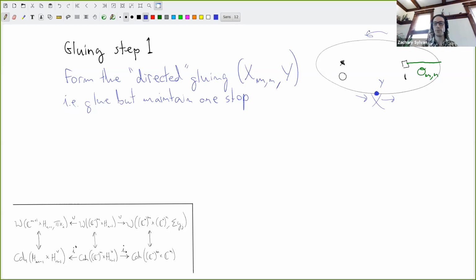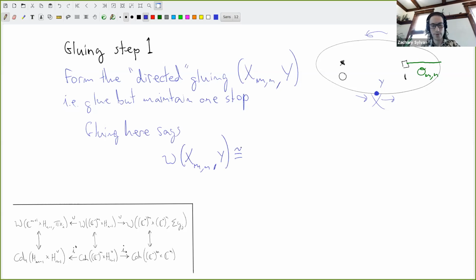And so we do get trajectories. And what this is going to give us is a semi-orthogonal decomposition. We're going to get W of X, N stopped by Y.